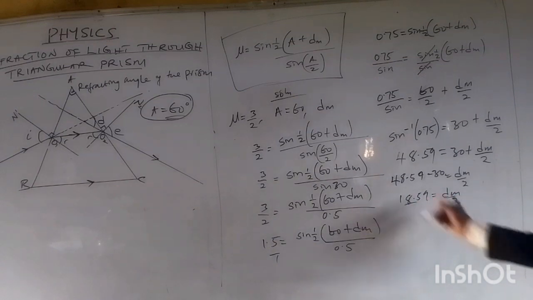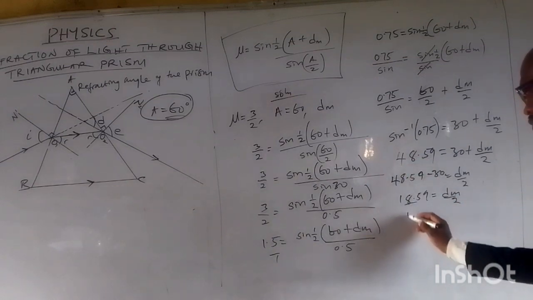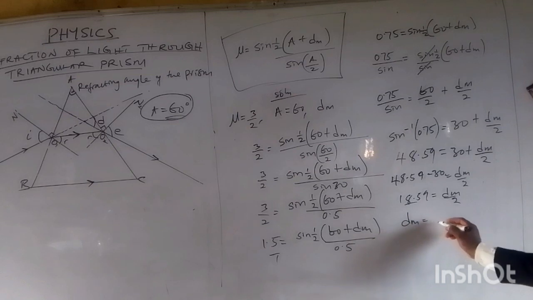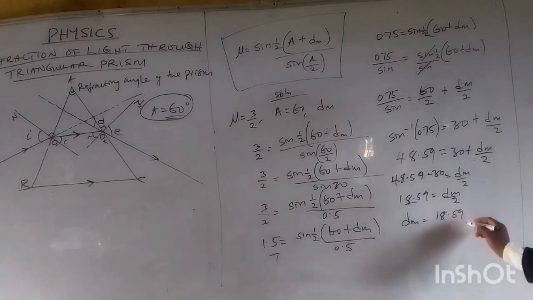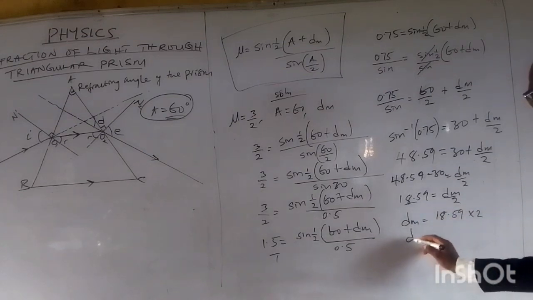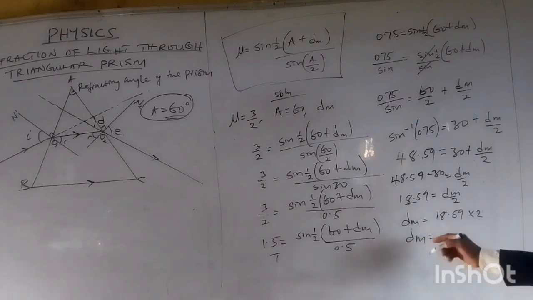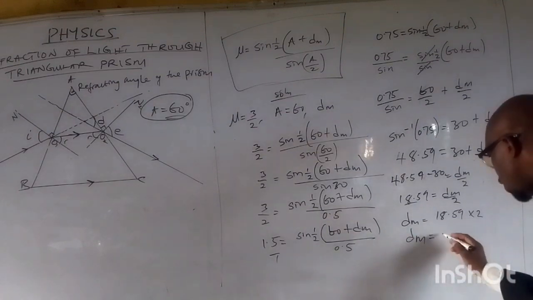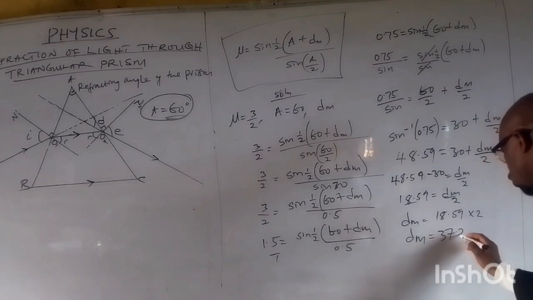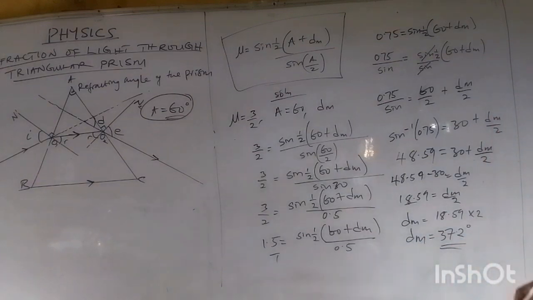So if we cross multiply here to make D min the subject, D min will now give us 18.59 times 2. So the angle of minimum deviation will give us 37.2 degrees. So this is the angle through which the ray is minimally deviated.